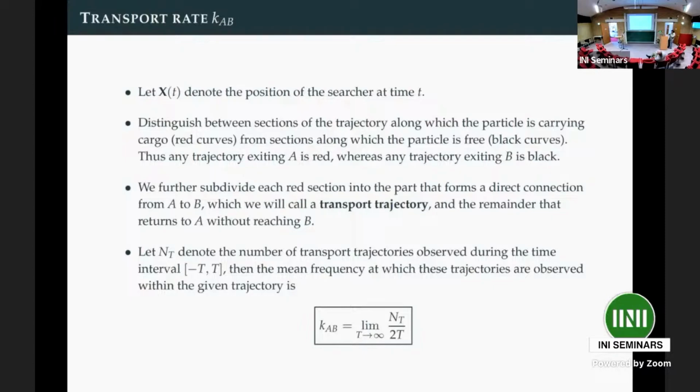Because you're taking a T to infinity limit, the way you can calculate this is to use ergodicity. If your process is ergodic, there's a way of calculating this by calculating the probability density of these transition paths, the direct paths from A to B. It's a non-trivial thing to calculate, but I'll indicate some of the steps in a second.